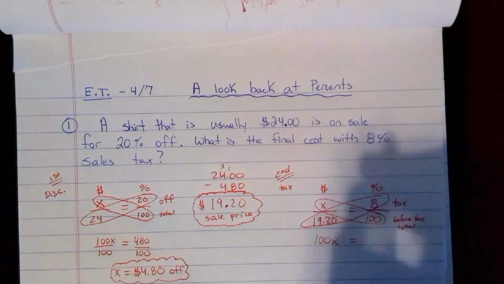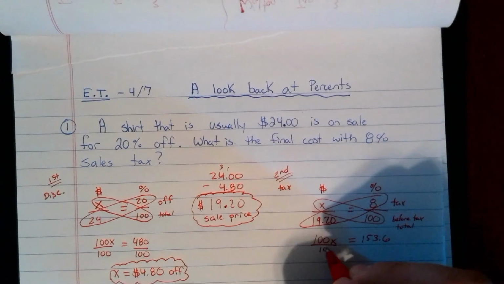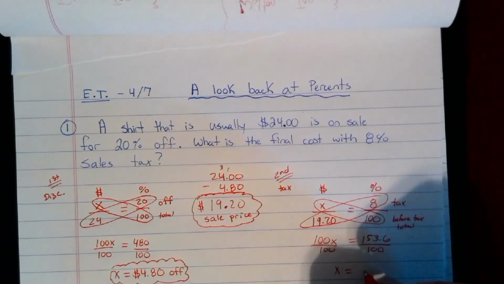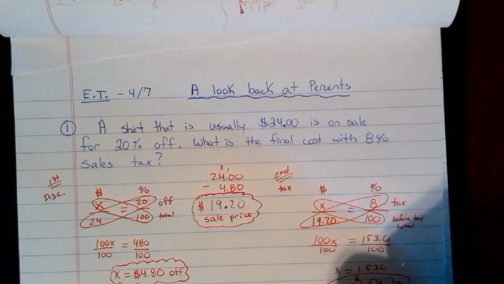Yeah, I was right. 153.6. Divide by 100, and I'm going to have to round to the nearest penny here. So it comes out to be 1.536, which to the nearest penny would mean tax is $1.54. That would be the dollars of tax.